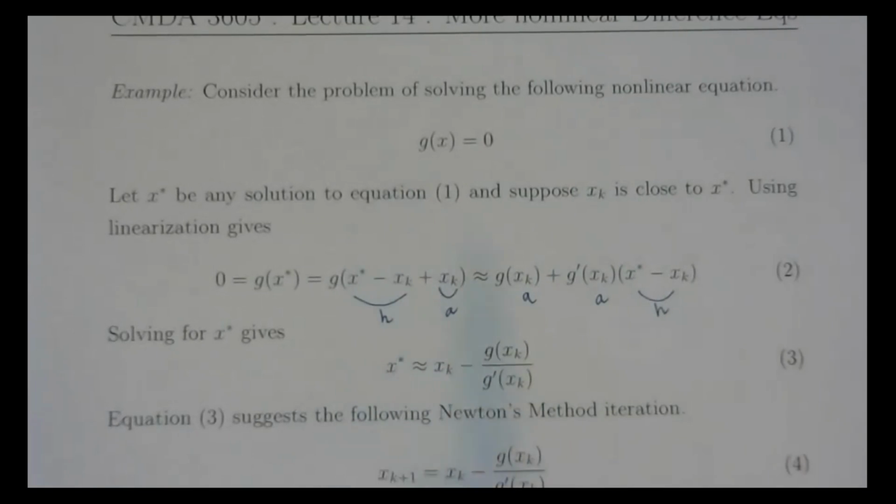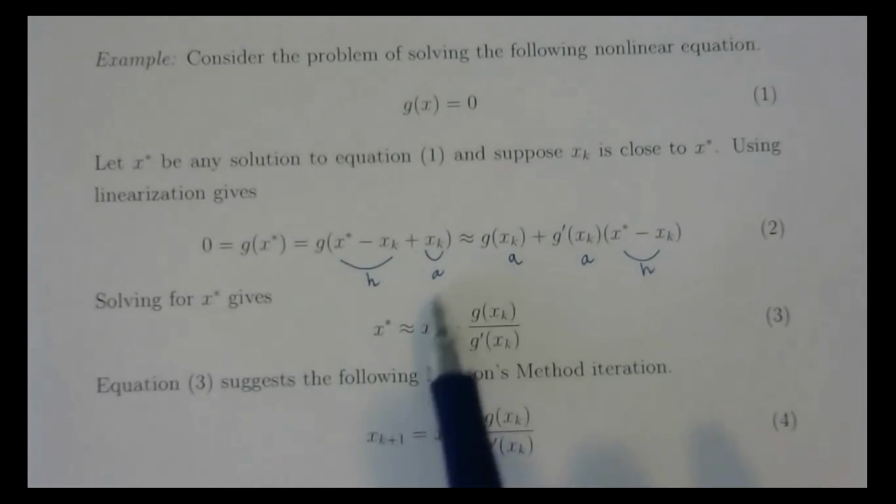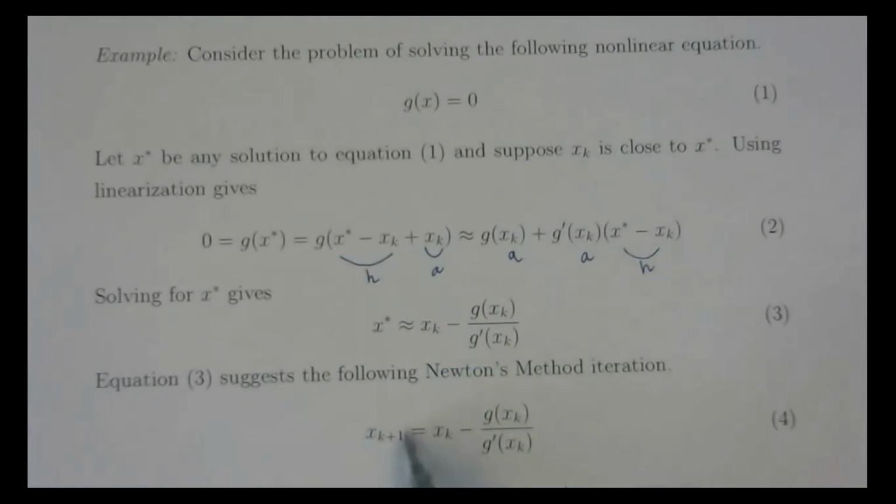So this is what's called the Newton's method iteration, or this suggests a Newton's method iteration. If I say the right-hand side would be the value at xk, and then I iterate this method for a bunch of k's, making the left-hand side just xk plus 1, then what I'm hoping is that this xk plus 1 term approaches x star.